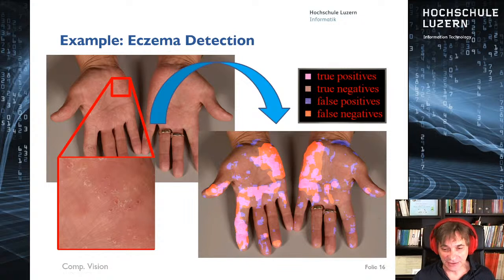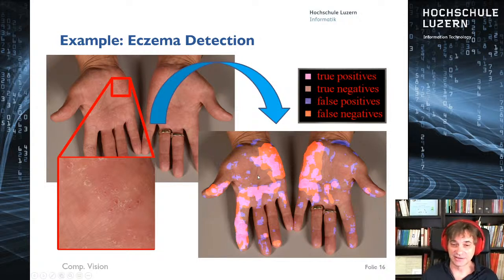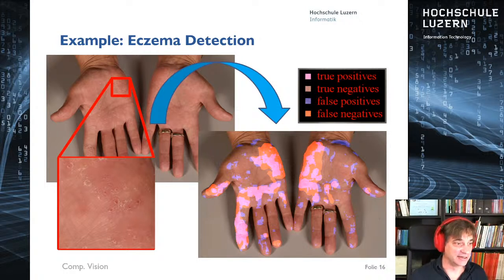Also, in our lab, we had an InnoSwiss project in medical image analysis. This was an example from eczema detection. The idea was you have images of skin, in the first part just from hands, and you want to identify if some region has eczema or not, also on the pixel level, and then mark this on the pixel.